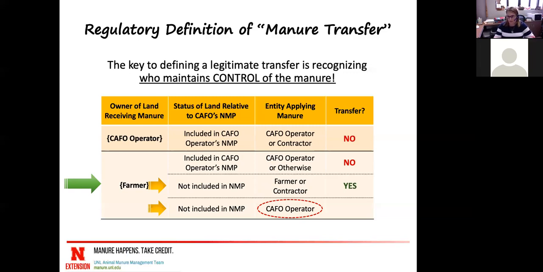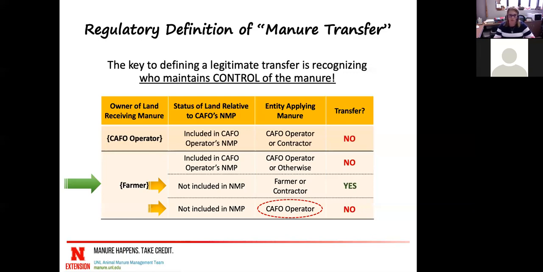So in that case, that's not a transfer. Again, it is leaving the site where the manure was produced, but it's not leaving the control of the CAFO operator. The one thing that we need to keep in mind, though, is that that land would need to be added to the nutrient management plan through a modification of that plan to be in compliance.